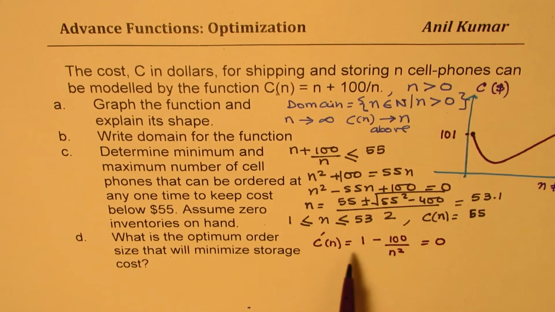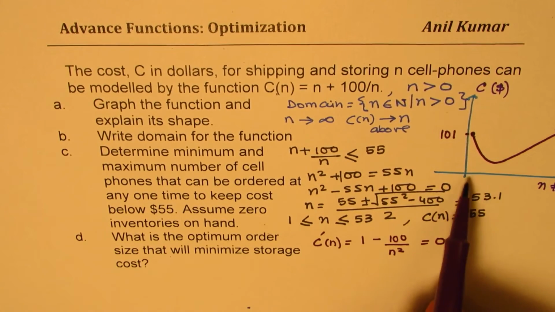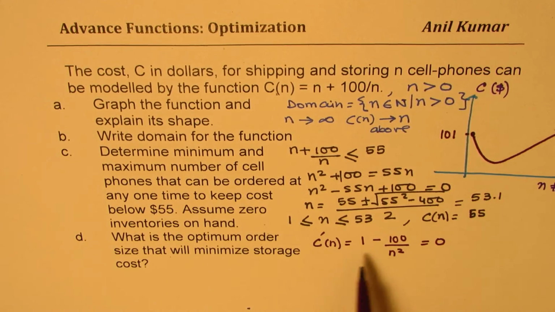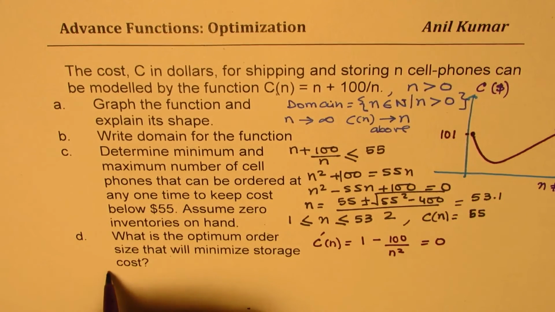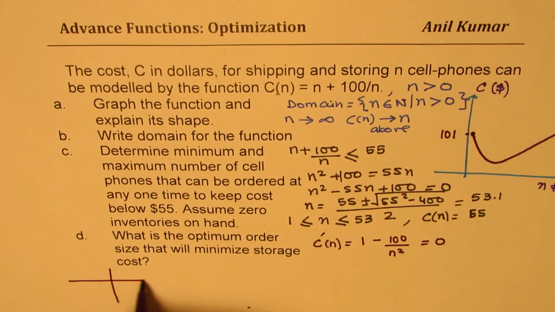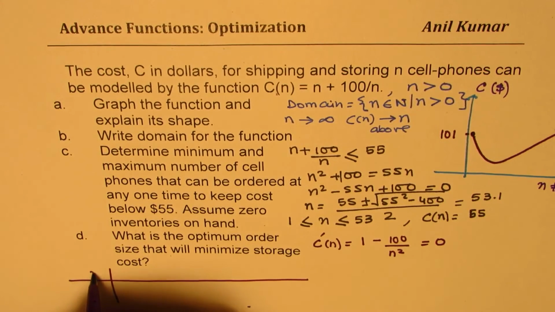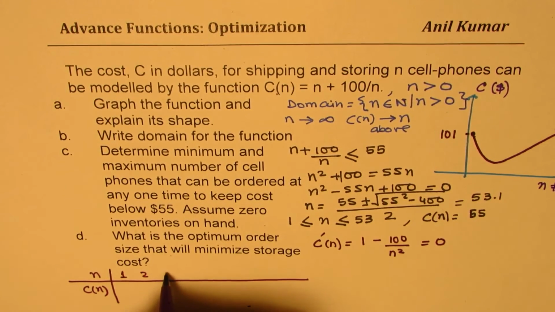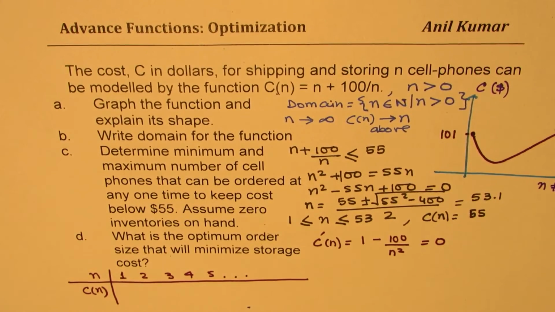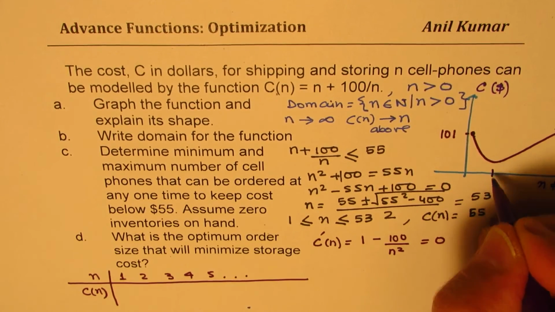Now, those of you who haven't done calculus at this stage may make a table of values, and for different values of n, they can find the cost. So for them, I'll suggest make a table of values. Write down different values of n and then calculate the cost using the formula, taking n as 1, 2, 3, 4, 5, and so on, correct? Some values will give you a good idea because we are looking for this particular point here.